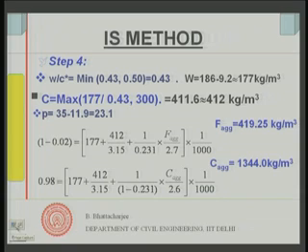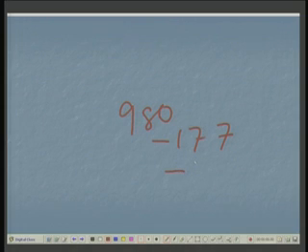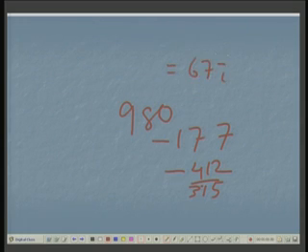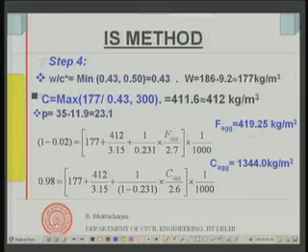So actually, 980 minus 177 minus 412 divided by 3000, 3303.15, and this is 672 point something, whatever it comes out. If I calculate it, from these two equations I get 419.25 and 13.440, right, 44.0.